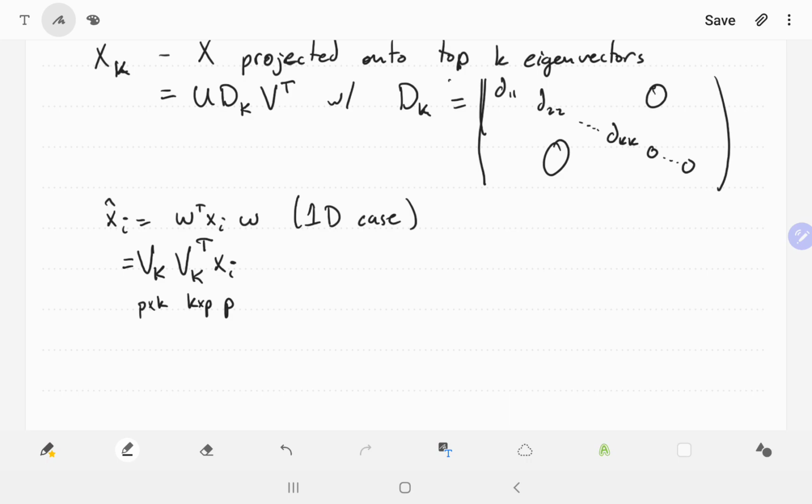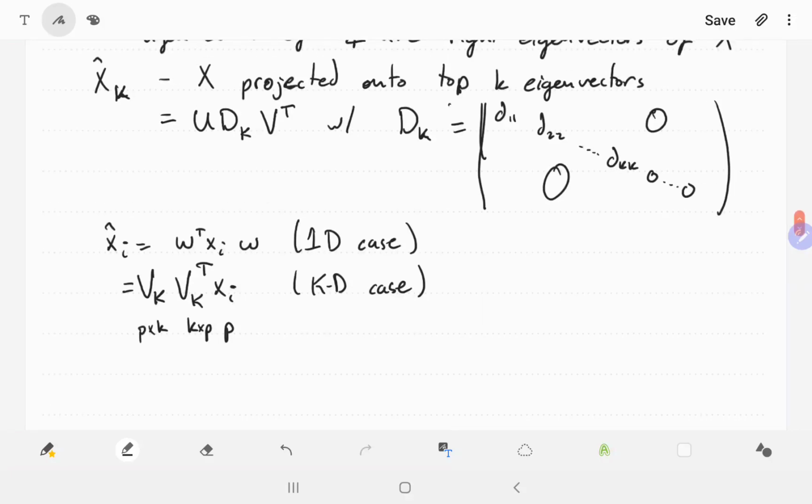Okay. And so this is the k-dimensional case, the generalization of x hat.